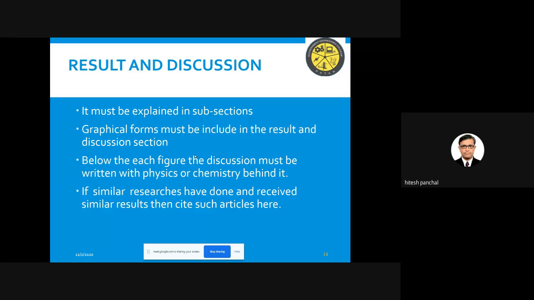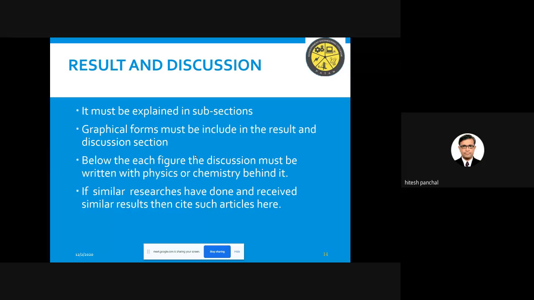Why is it required? Let me explain. Sometimes if you submit your research article to a Scopus indexed journal or SCI indexed journal, it may be rejected on the grounds that the result and discussion is not written properly. Why is it not written properly?